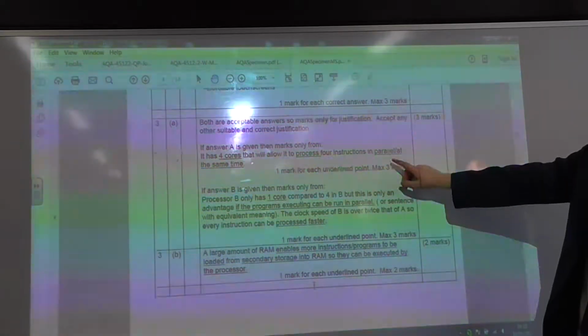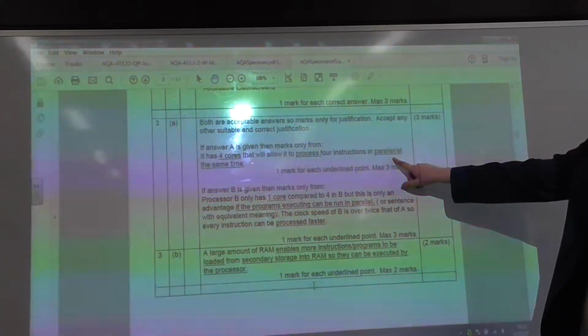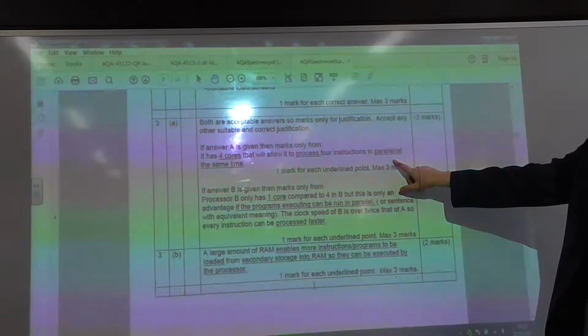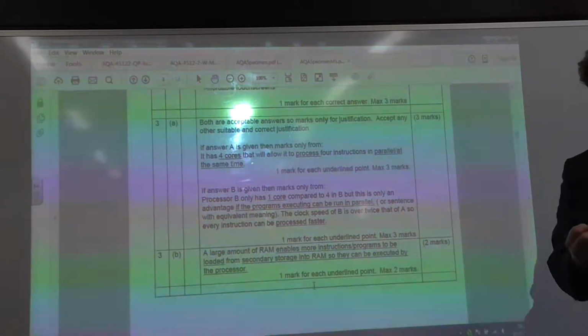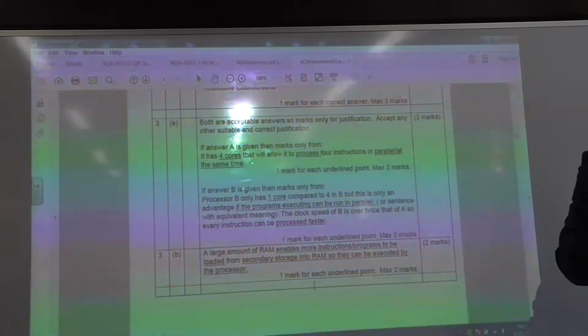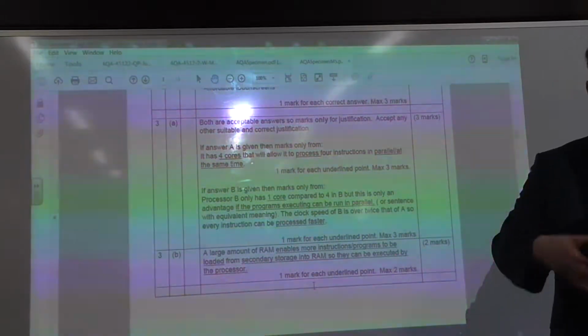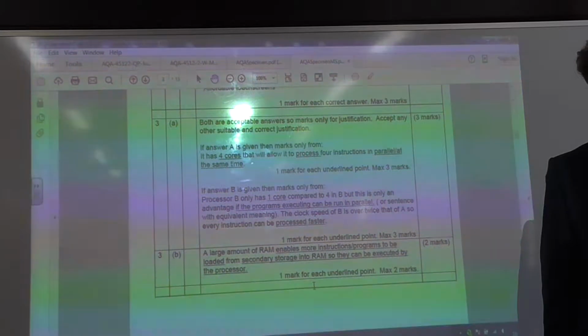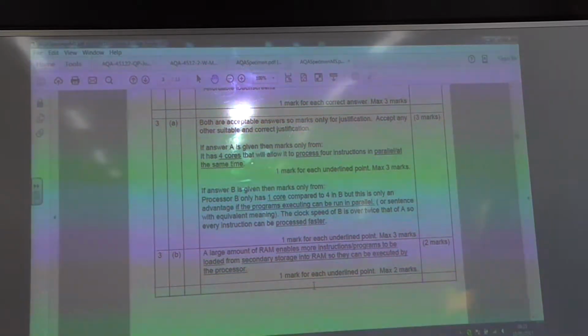They also like this word: parallel, at the same time, simultaneously. If you're going to be explaining multi-cores, we want to know that multiple cores are processing things simultaneously, which increases the effective output. Try and explain things properly.